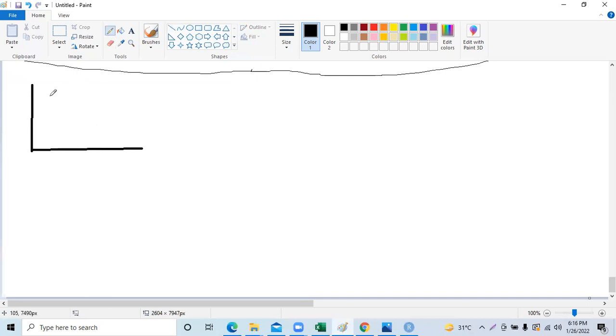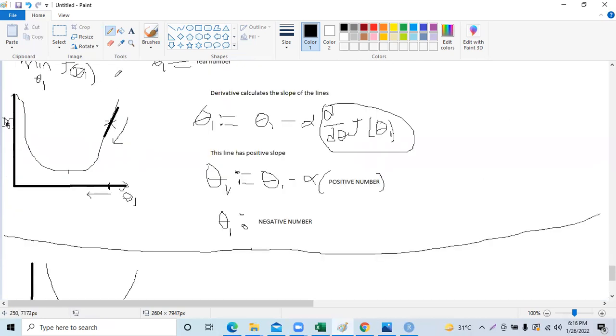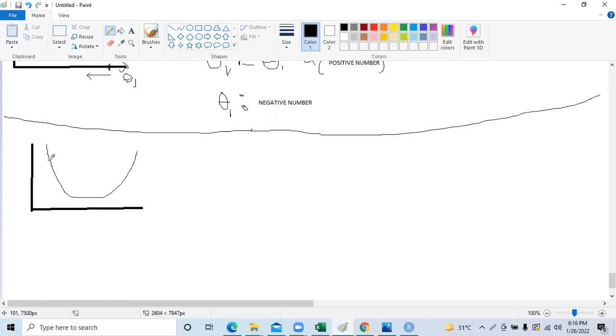And then we have our curve here. So yeah, we started on this side of the line. Here we also start on this side of the line. So this is, let's label this as well. This is J(theta 1), and this is theta 1.